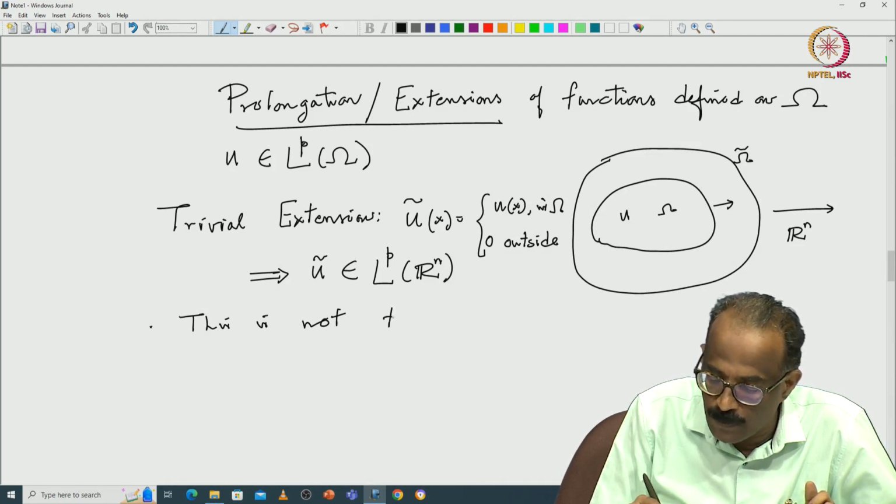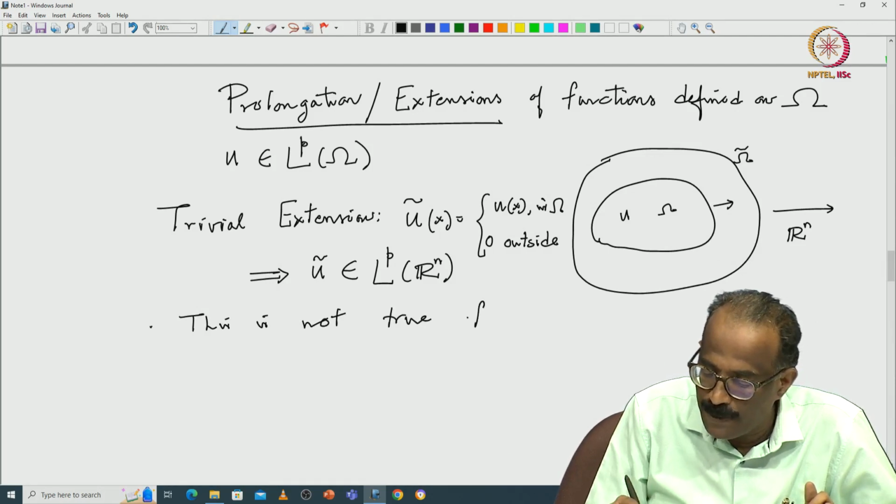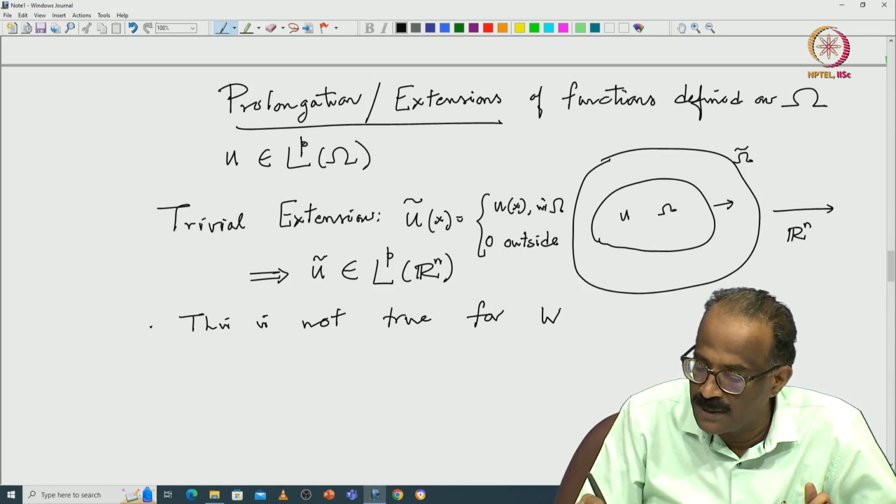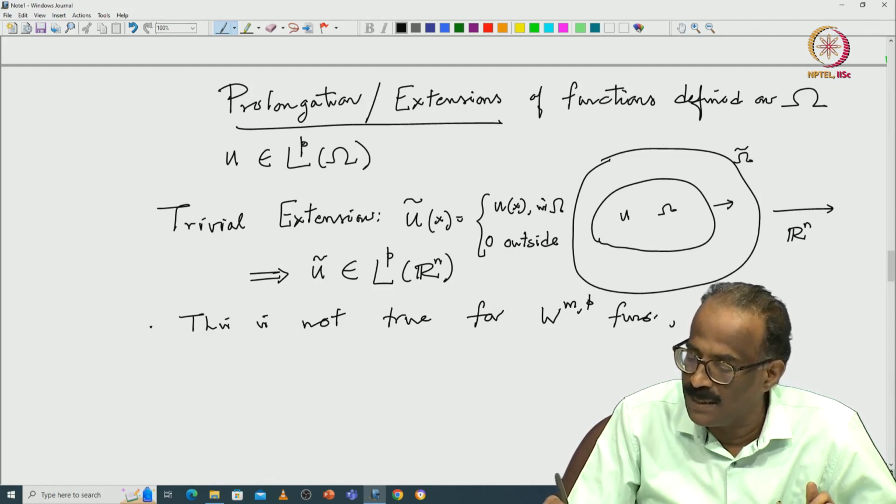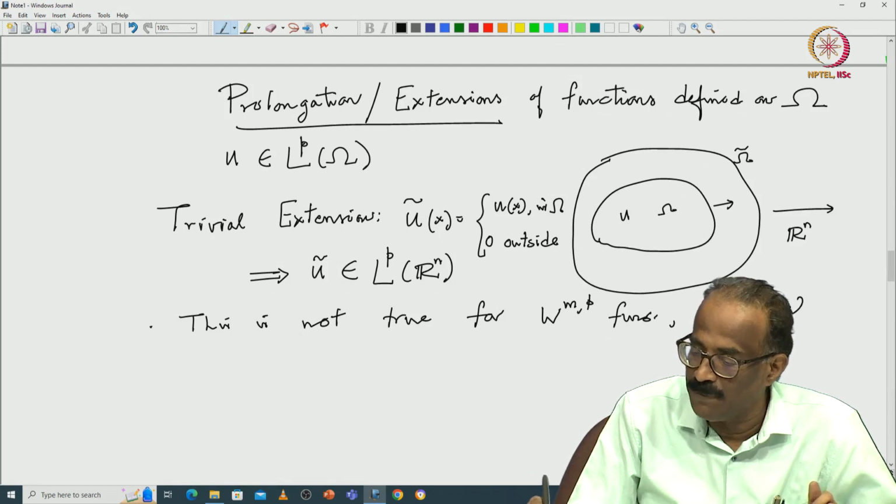But this is not true for W^{m,p} functions in general. Of course, there will be special cases where the trivial extension may work.